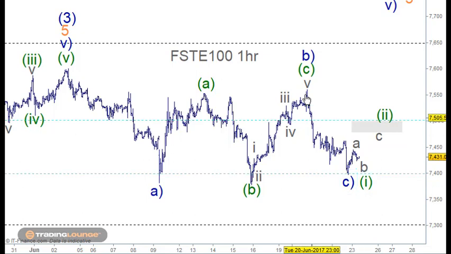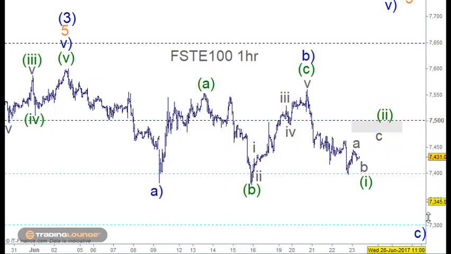I could also look at this move down here as just wave 1 of wave C. So then wave C would come down here and have 5 waves in it, and that would be wave 1 here, an A and a B and a C here for wave 2, and then down for wave 3 here. So that's how I'm considering this as well, and we need to be mindful here.